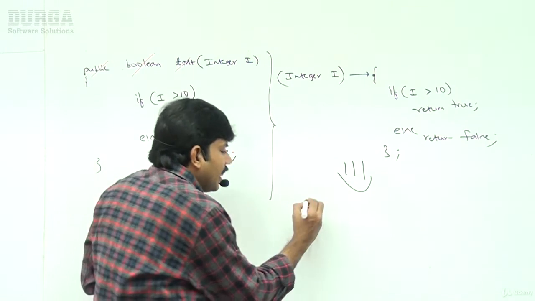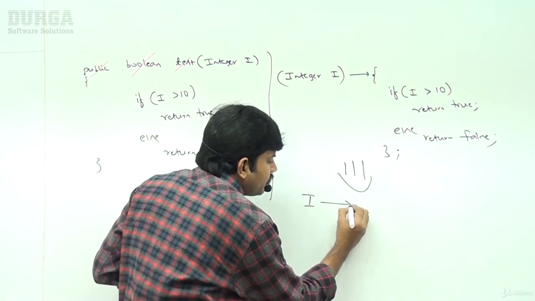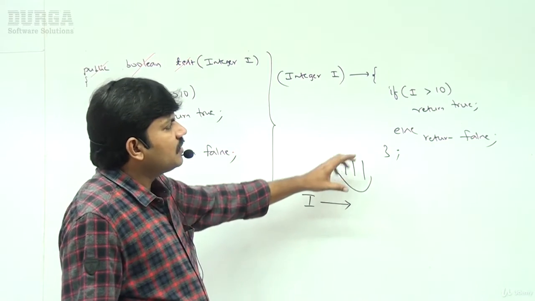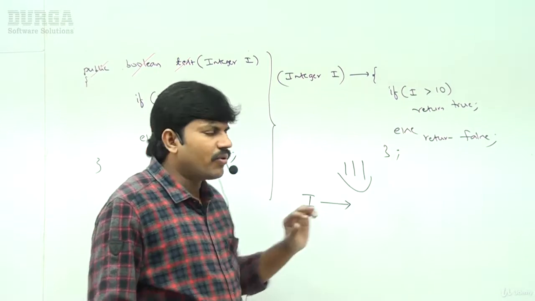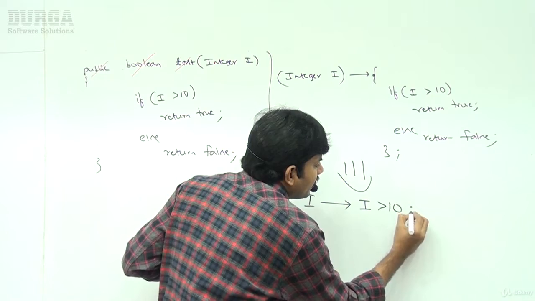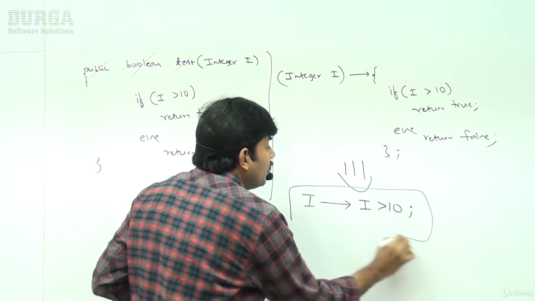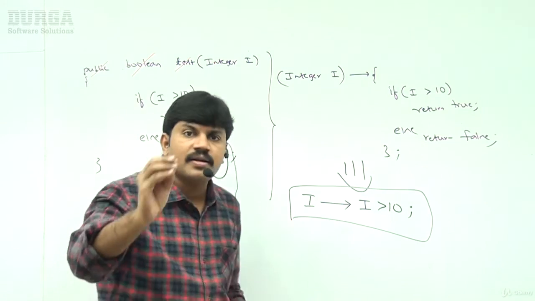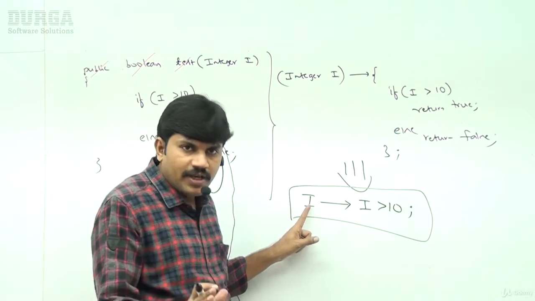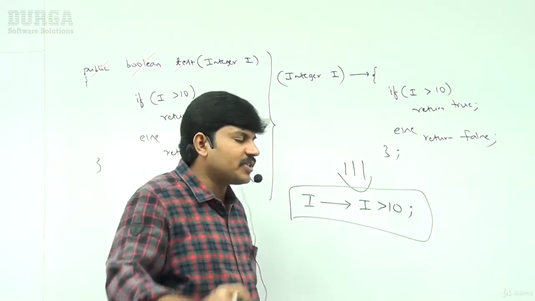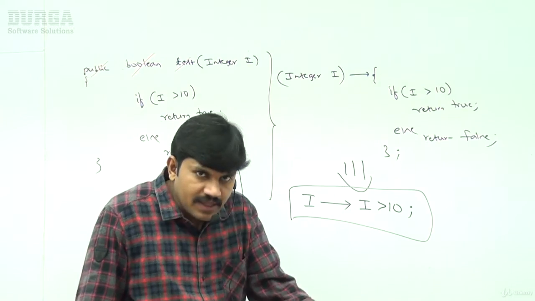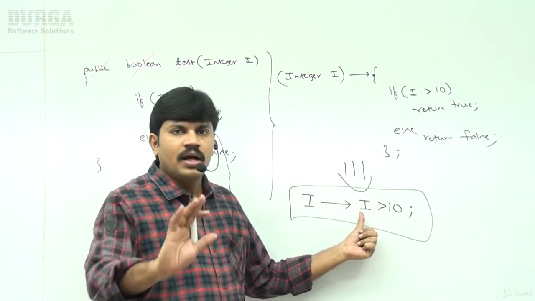That's why i gives, and the return code I can replace with i greater than 10. So this is the equivalent lambda expression. If I provide an i value, our lambda expression is going to check whether it is greater than 10 or not. If it is greater than 10, return true, or else return false.